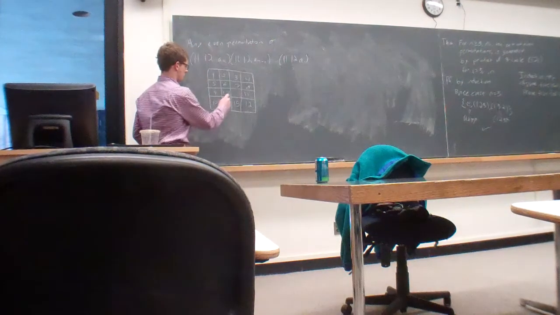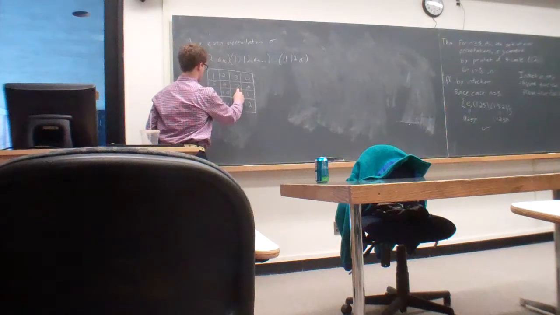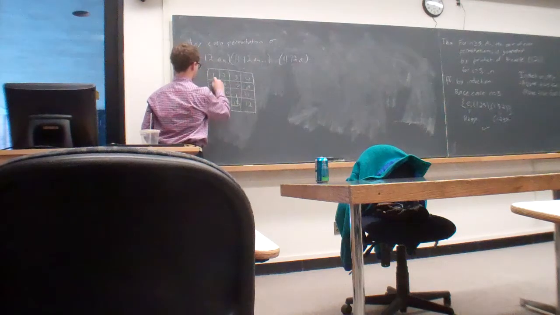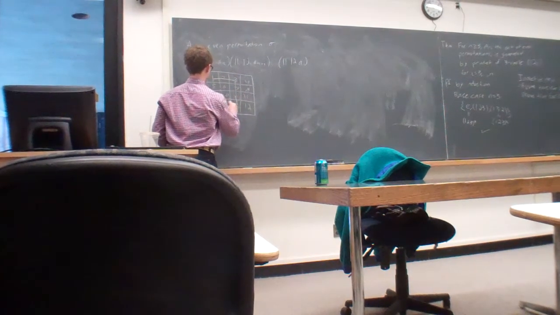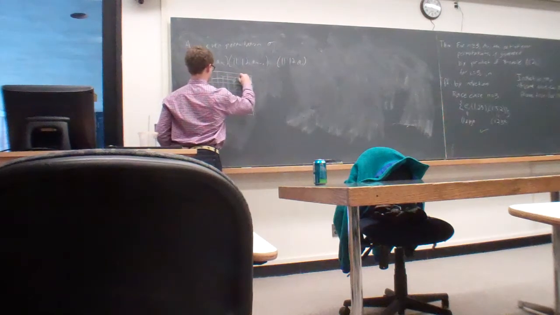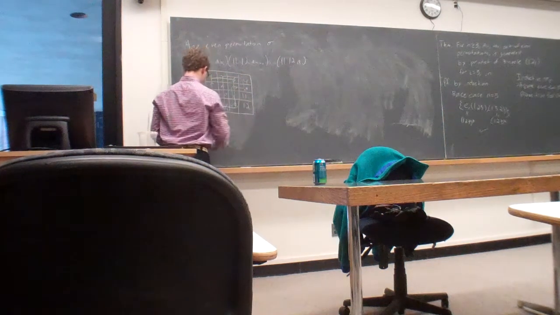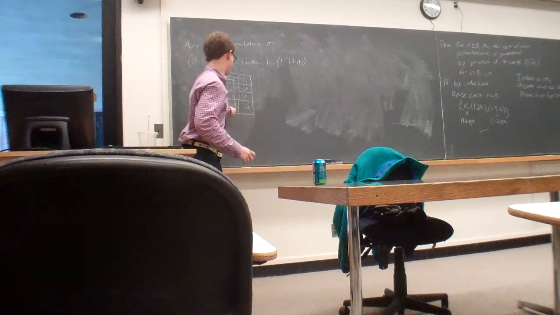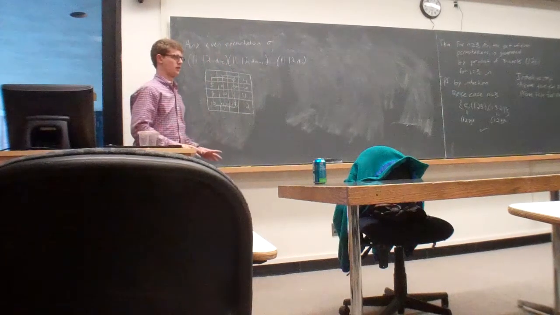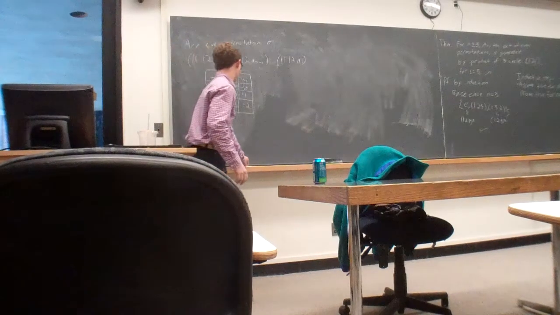So what these tracks will be, we'll start in the blank space. The first one will be like this, and the second one will be like this. So these are the two tracks. So as you can see, we can move any piece into this spot without touching 11 or 12. Not too hard to see.